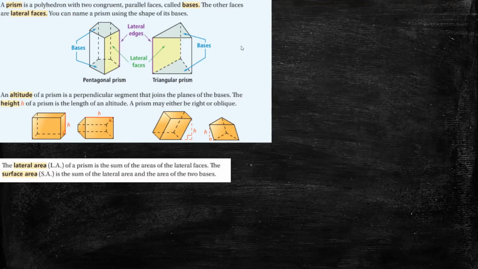Here we said that the lateral area is the area of the lateral faces, and the base means the area of the bases. Both the area of the bases and the lateral area depend on the shape of the face.